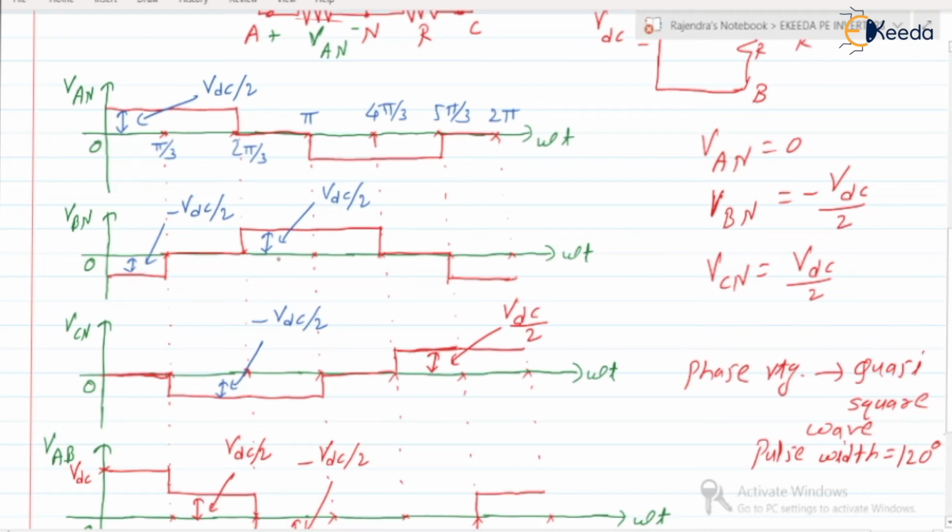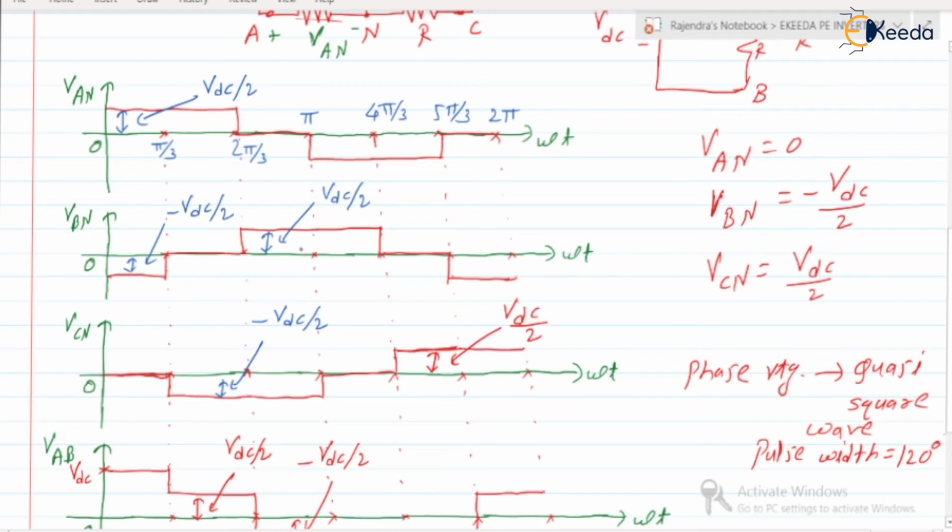Again, whatever the waveform we are having for the VBN, it is repeating in VCN: negative, 0, positive, positive. So same waveform of VBN is repeating in VCN after two intervals. So VCN is lagging to VBN by angle 120 degree. Okay, so there exists a phase difference of 120 degree.